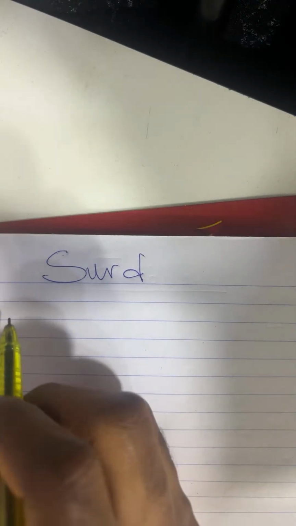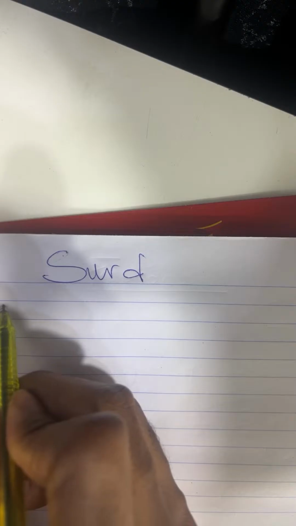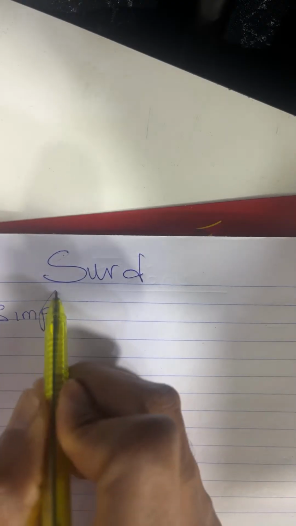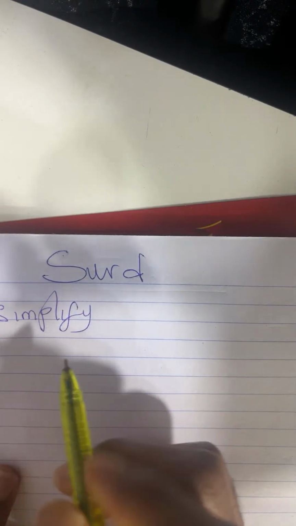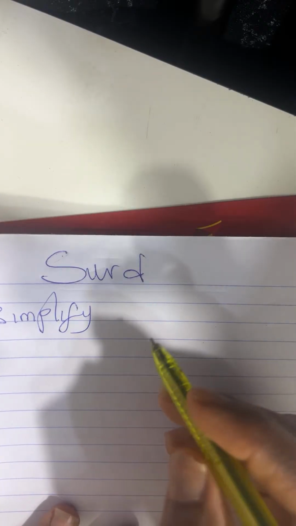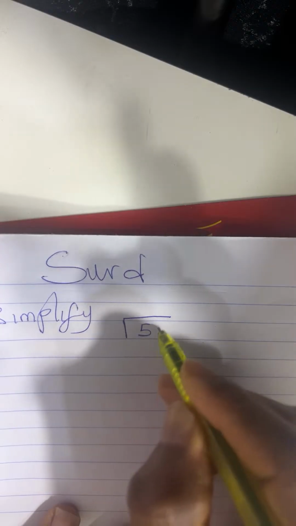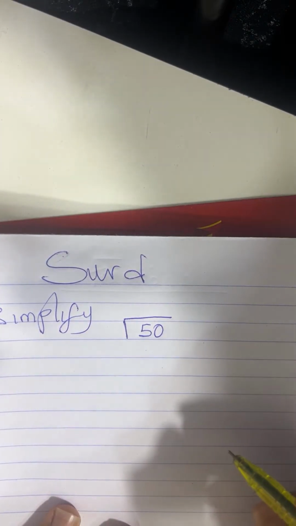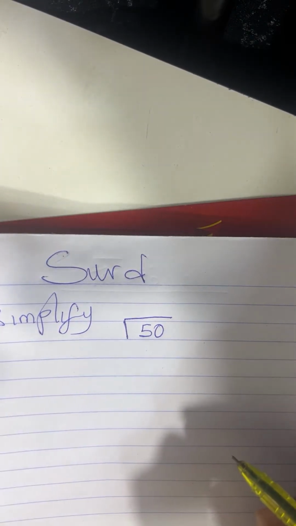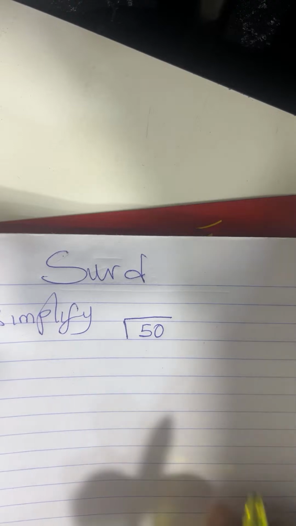Okay? So let's take, for instance, we are told to simplify the square root of 50. To simplify this surd is very, very easy.